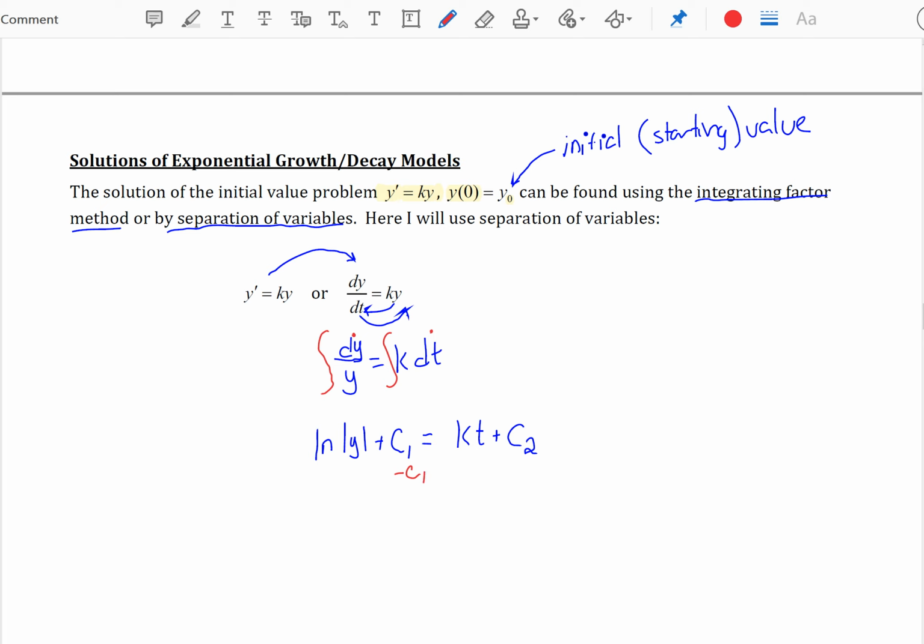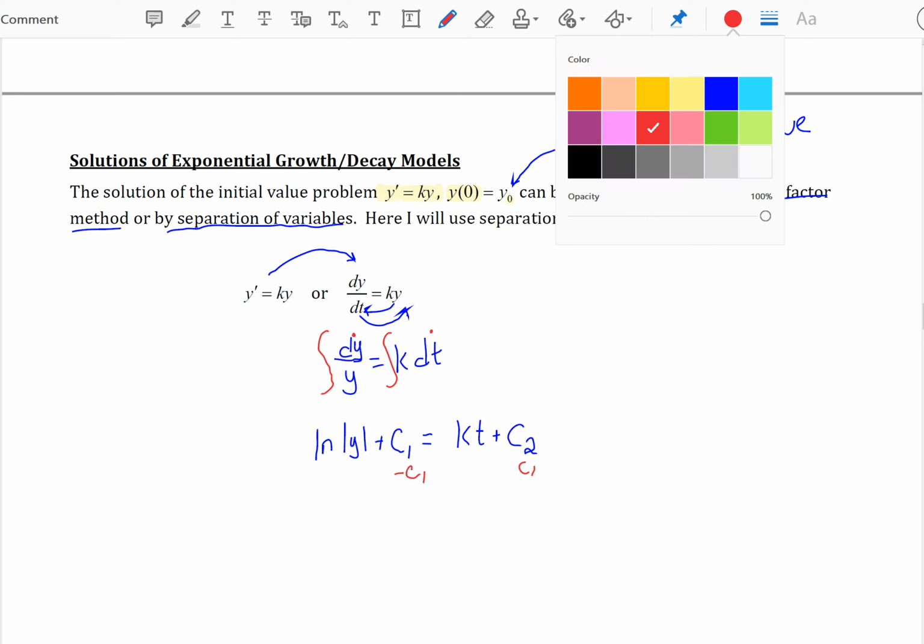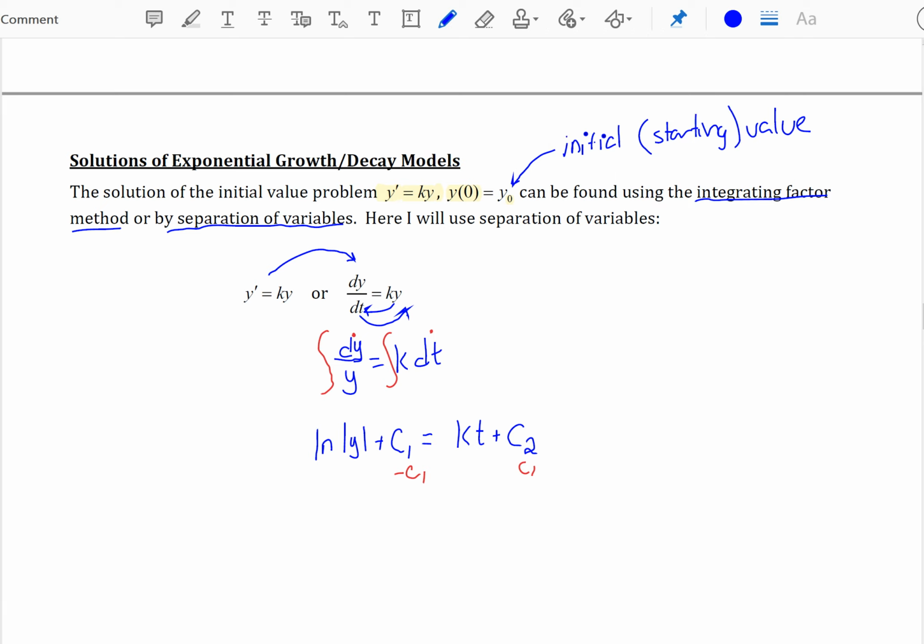If you were solving for y, you'd probably subtract these two constants to get them on the same side of the equation. Of course, this gives us natural log of the absolute value of y equals kt plus c.